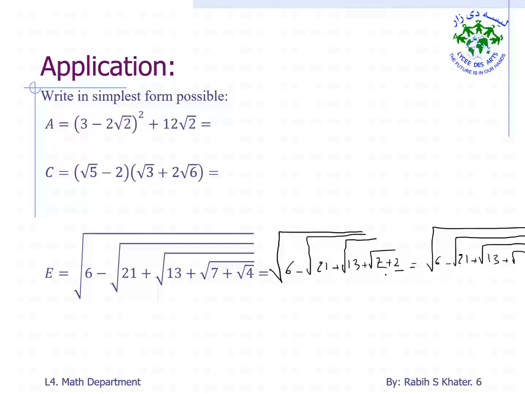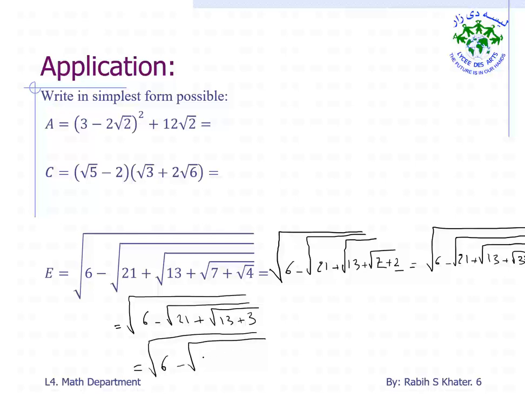They are under the same radical, so we can add them. 7 plus 2 is 9. 9 is 3 squared. So this would be equal now. Let's write it here. Equals radical 6 minus radical 21 plus radical 13 plus 3 squared, which is 3, which is equal to square root of 6 minus radical 21 plus radical 16 under the same radical, so it's 4 squared.